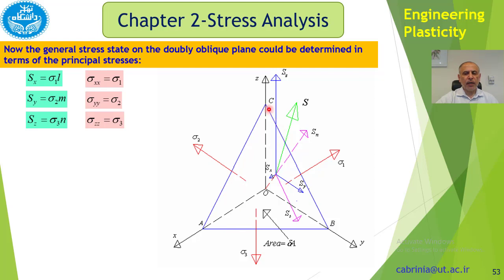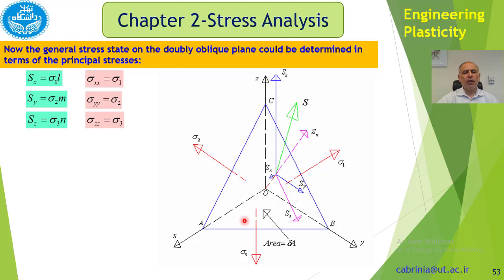It means that if we change the direction of this oblique plane, we could get sigma 1 perpendicular to it, or sigma 2 perpendicular to it, or sigma 3 perpendicular to it, if we change the directions towards sigma 1, sigma 2, and sigma 3. But here, it's an arbitrary oblique plane, and it's not perpendicular to any of them.